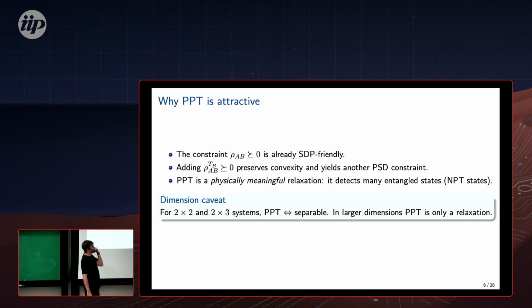For the maximally entangled state, we can easily detect using the partial transpose that it is entangled. And for very small systems, it is even an equivalence. For 2x2 or 2x3 systems, PPT states are precisely those that are separable, going back to your question. So in very small dimensions, this is actually exact.